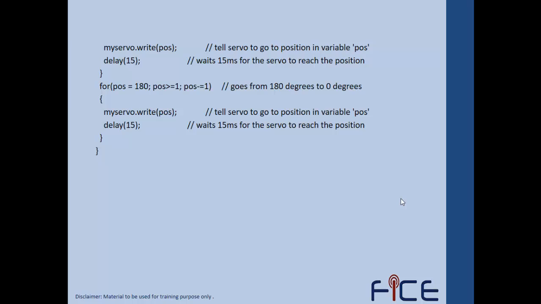That means we are giving positions from 0 to 180 to the servo motor in increasing order, and after that we are giving the positions in decreasing order, that is from 180 to 1, with the help of the myServo.write API. So with the help of this code we are increasing and decreasing the speed of a servo motor with the help of PWM pins.